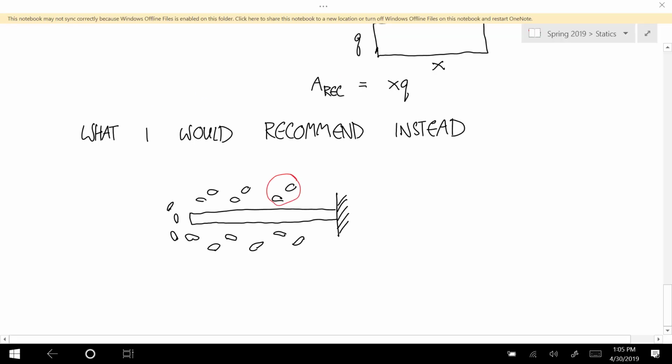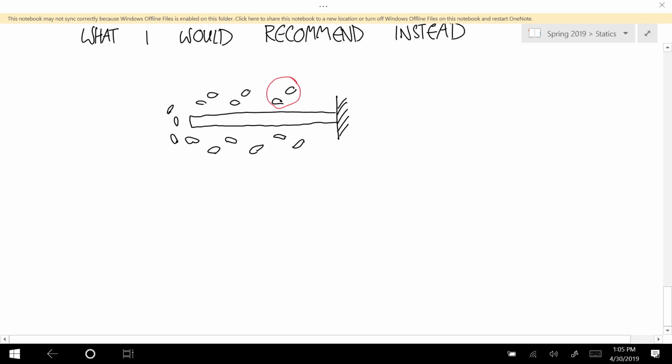And now looking at this, you see a wall on your left and a cantilever beam and a triangular distributed load.